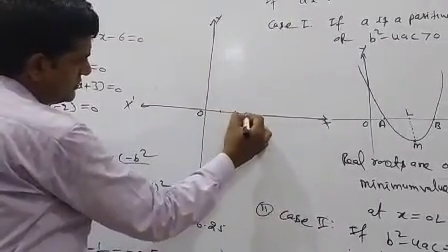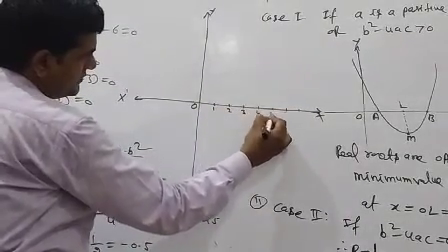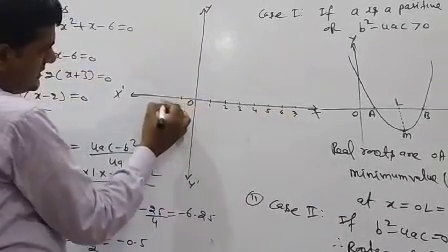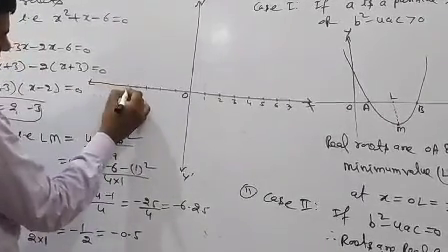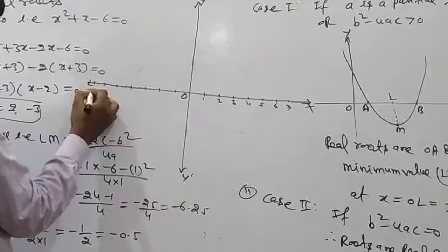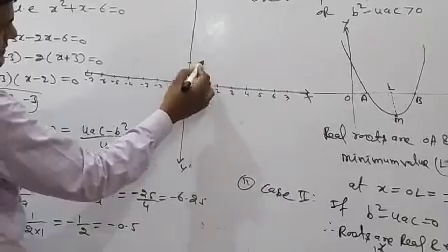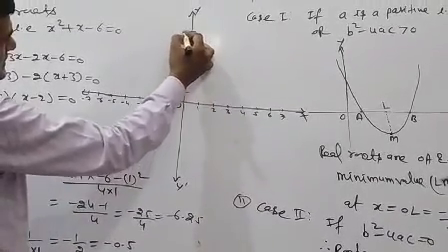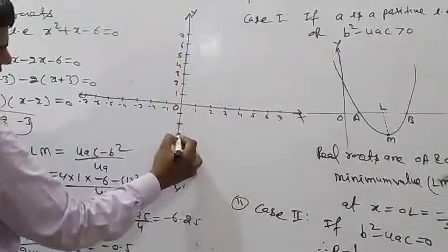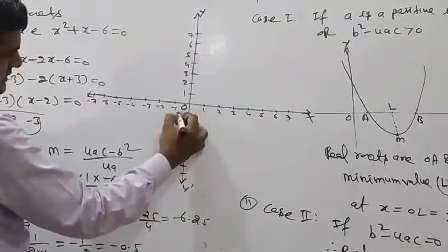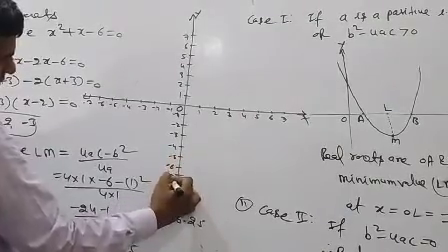Suppose we mark 1, 2, 3, 4, 5, 6, 7 on each axis, both positive and negative. Clear? Any doubt?